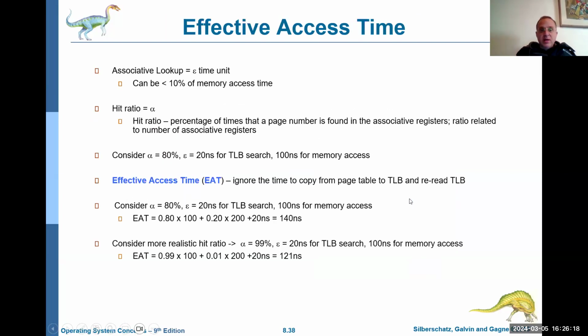So that's why in this case, 80% of the time I have to do just 100, and 20% of the time I have to do 200. But in all cases, I have to do 20. So that's why it's multiplied by one, but I don't have to write that. So that gives me, is this right?